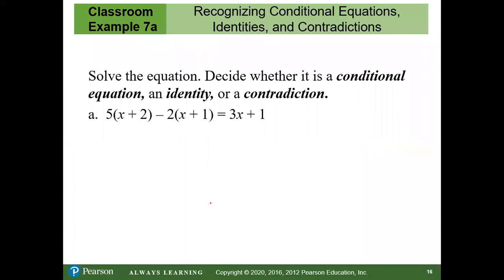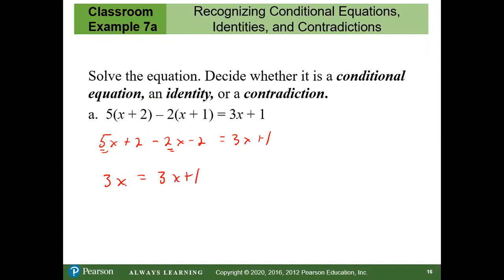All right, so let's rock and roll. Let's figure out if these are a conditional equation, identity, or a contradiction. When we distribute, we get 5x plus 2 minus 2x minus 2 is equal to 3x plus 1. And when we combine our like terms, you get 3x, and then 2 minus 2 is 0, is 3x plus 1.